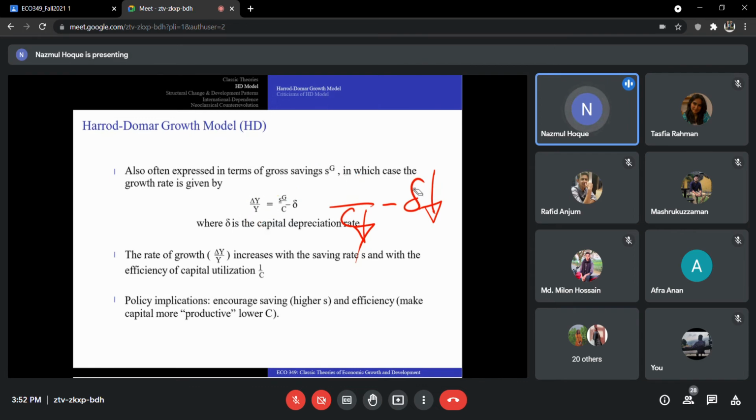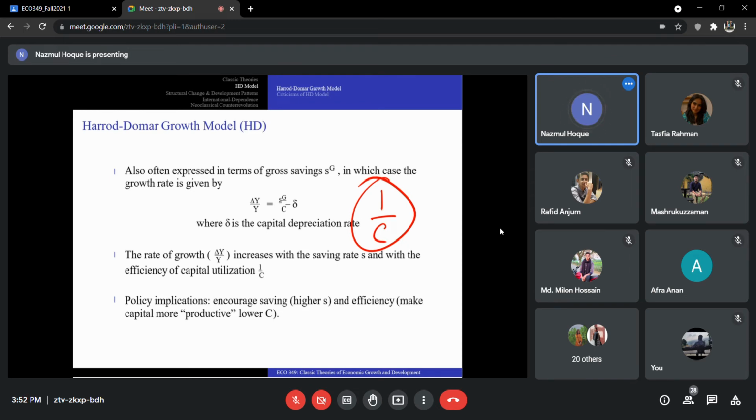Now, another way to explain this term C, the incremental capital output ratio, is taking the inverse of C, 1 over C, which gives you a measure of the efficiency of capital utilization. So if you transform it in this format, it gives you a measure of efficiency of capital utilization.